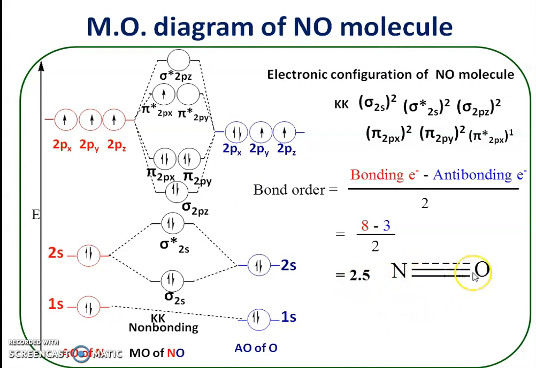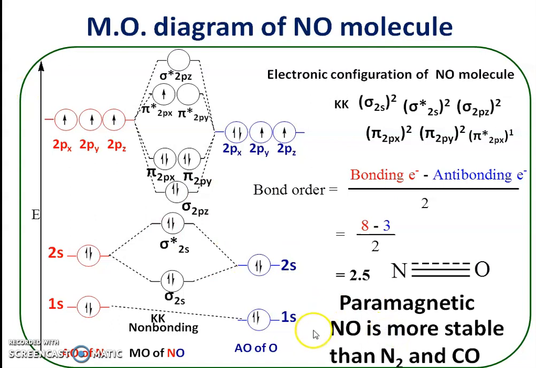The meaning of this is, in between nitrogen and oxygen there is a 2.5 bond order, which means 2 bonds are sigma bonds and there is one half bond or partial bond. So nitric oxide is a paramagnetic molecule, and the important thing is that nitric oxide is more stable than nitrogen and carbon monoxide.